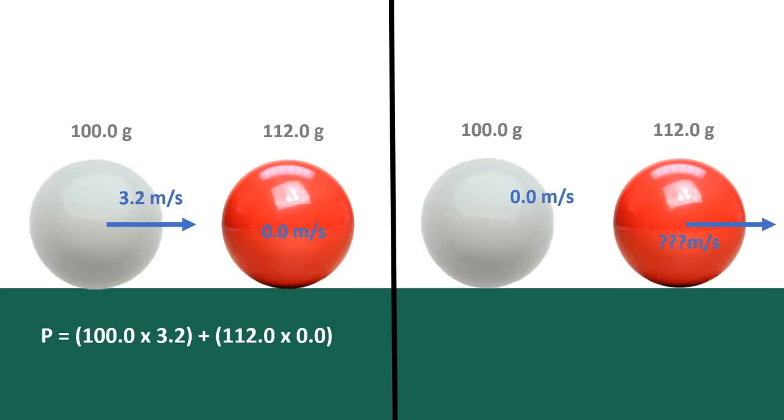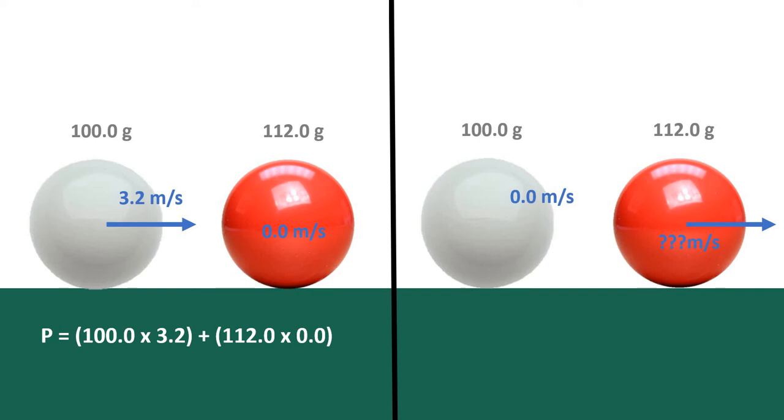Okay, so it helps to divide the situation up into the pre and post collision situation. So on the left hand side we have pre-collision, and on the right hand side we have post-collision. And we know that the momentum in each system, this is the pre-collision system here, is going to be equal to the momentum in the post-collision system on the right.